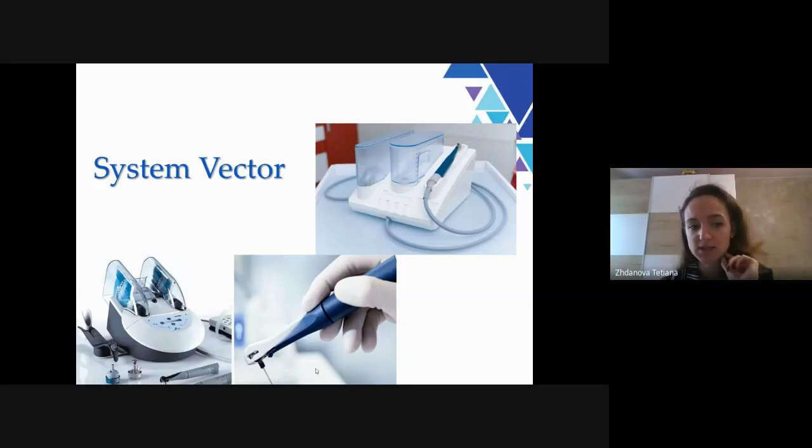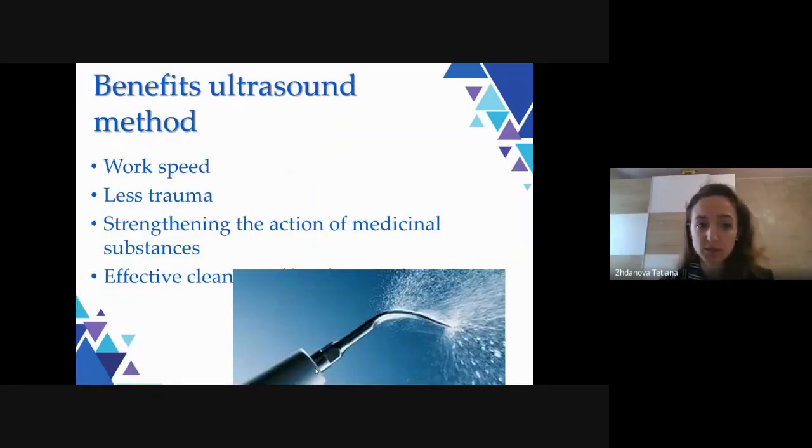But nowadays, I know that we don't use it very often because it's very difficult to position it at the teeth near the root. And Vector works like a round. It's very difficult.